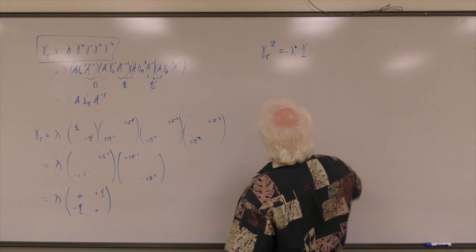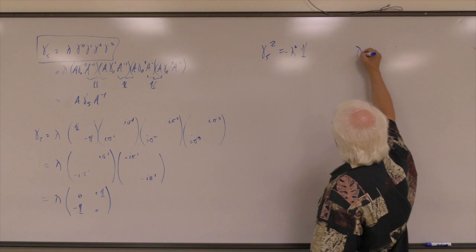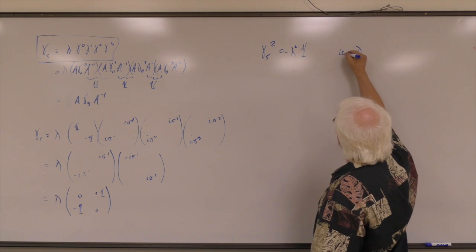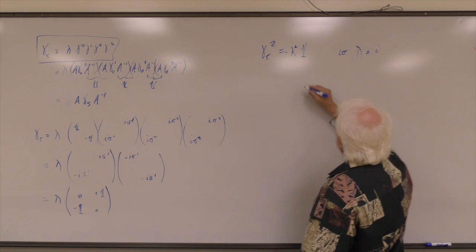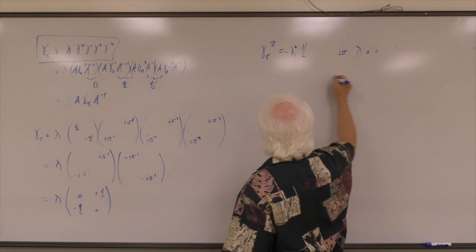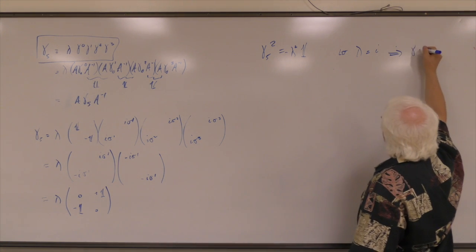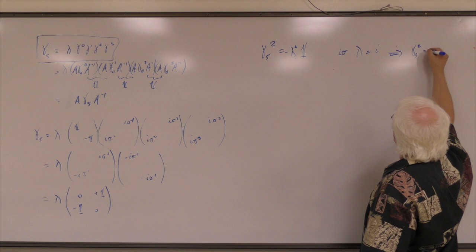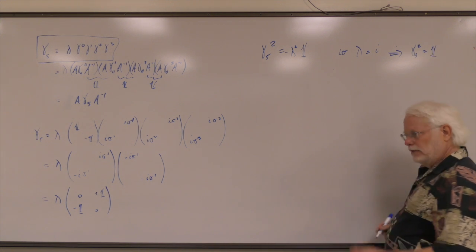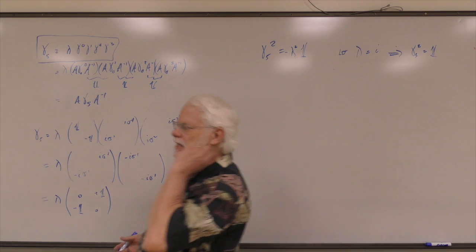So the four-dimensional identity. So let lambda be i, and then gamma 5 squared is just 1. It's just the identity matrix. That's a convenient property.